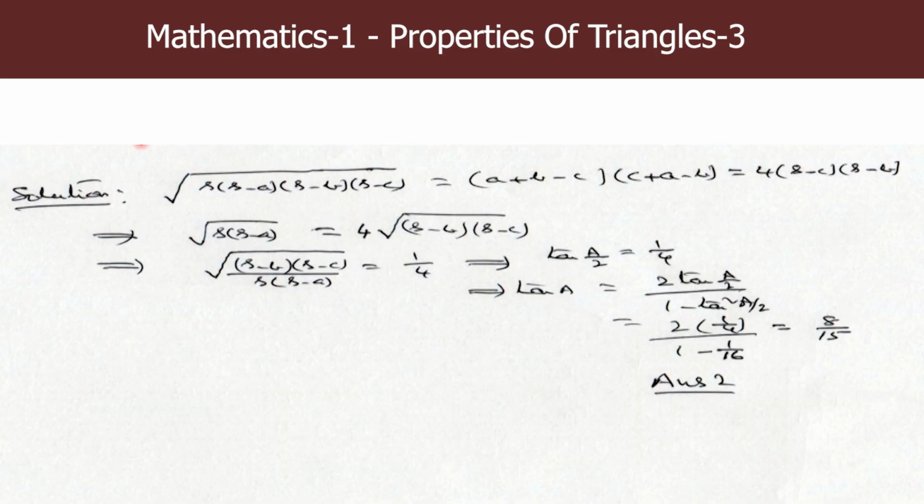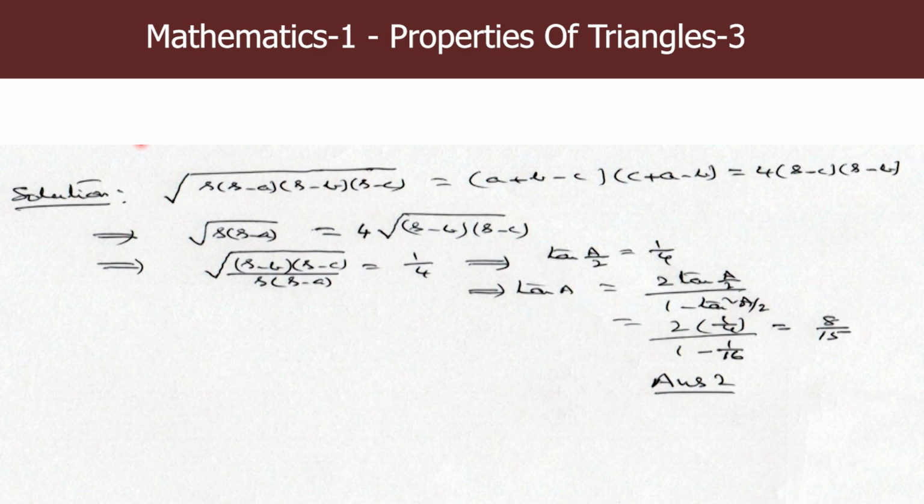Now you know that in any triangle ABC, Heron's formula gives delta as the square root of s into s minus a into s minus b into s minus c. This is equal to a square minus (b minus c) whole square, which is (a plus b minus c) into (c plus a minus b). Since a plus b minus c is 2s minus 2c, and c plus a minus b is 2s minus 2b, that is 4 into (s minus c) into (s minus b). Therefore, square root of s into s minus a into s minus b into s minus c is equal to 4 into (s minus b) into (s minus c).